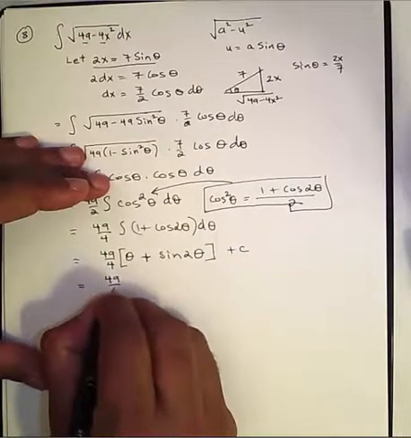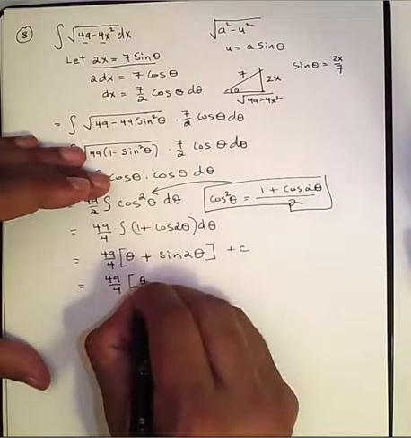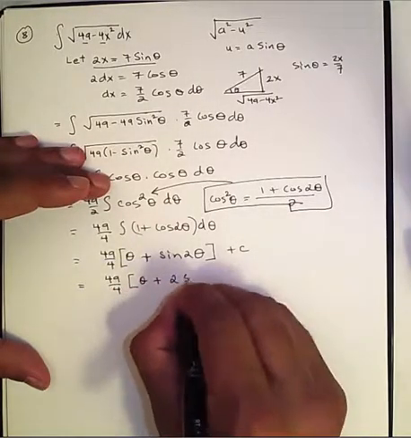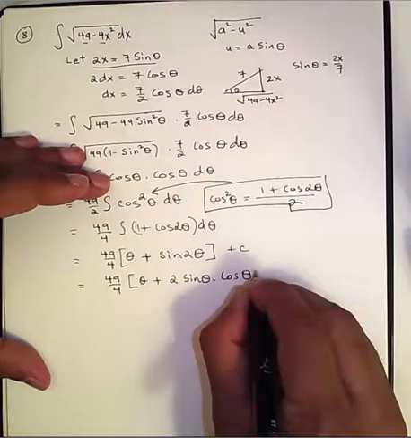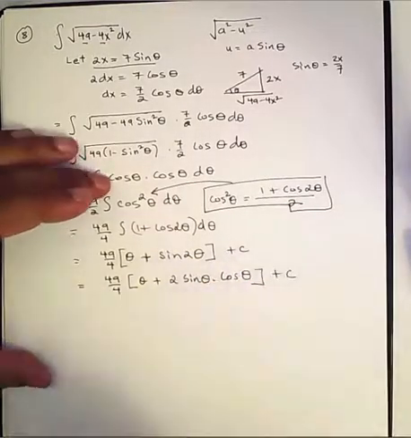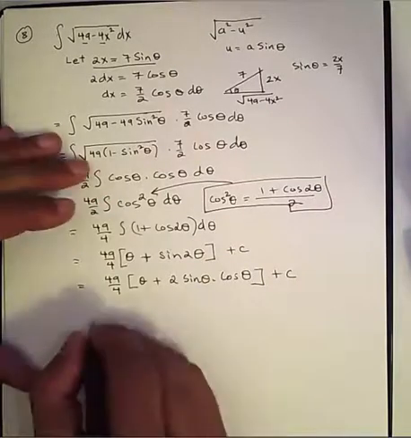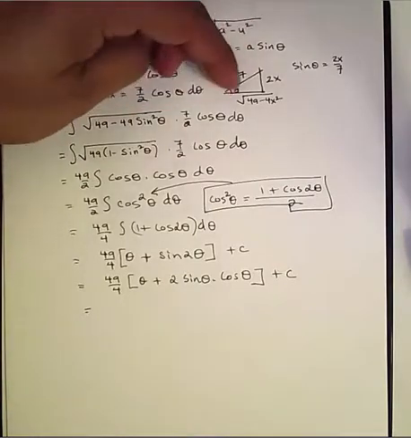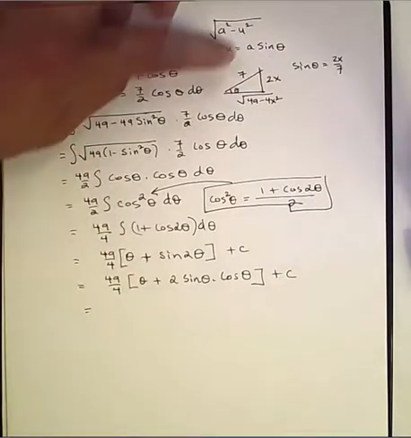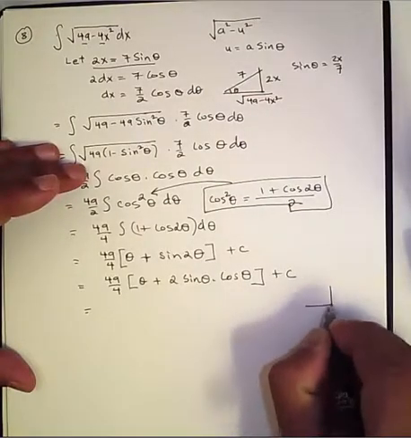Do we know something about sine 2 theta? That's right, it is 2 sine theta times cosine theta, the double angle formula. Now what we're going to do is back substitute for theta from this triangle. You may need to draw the triangle again to make sure.